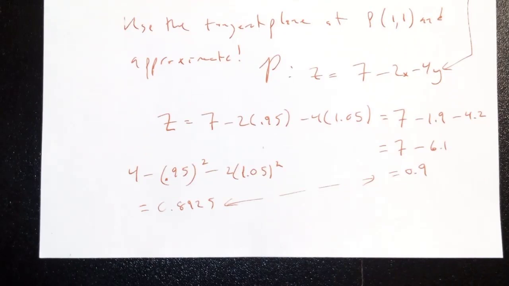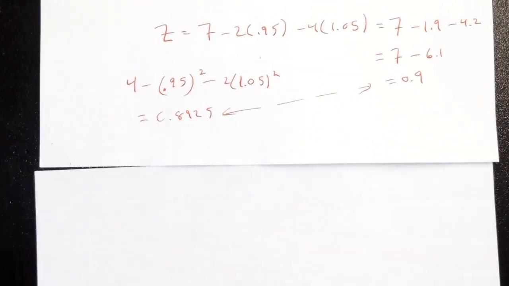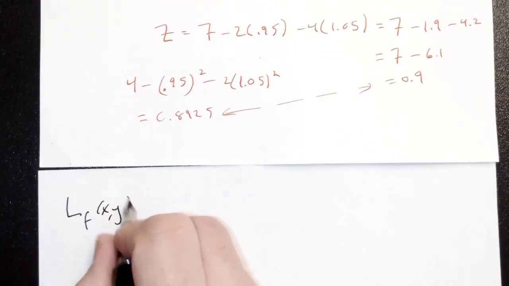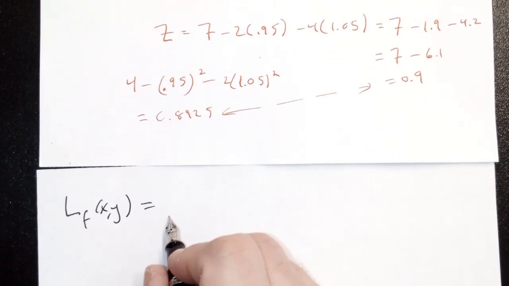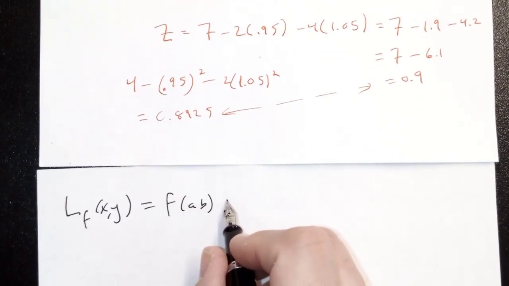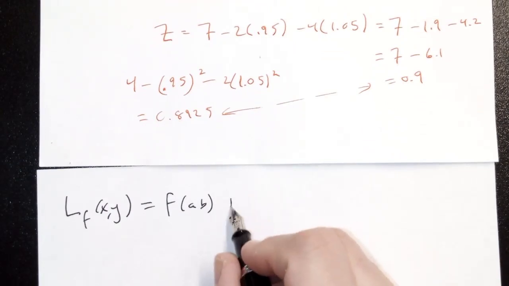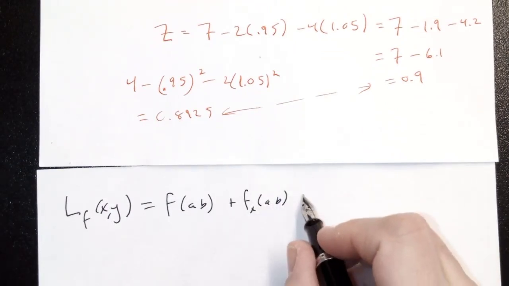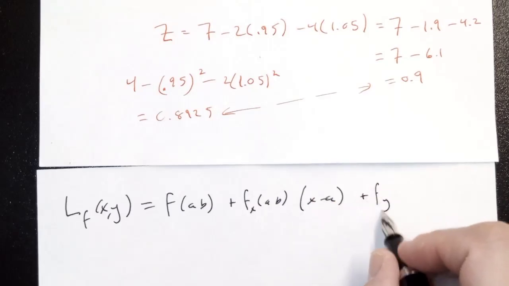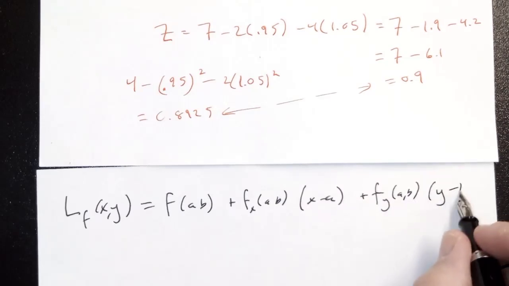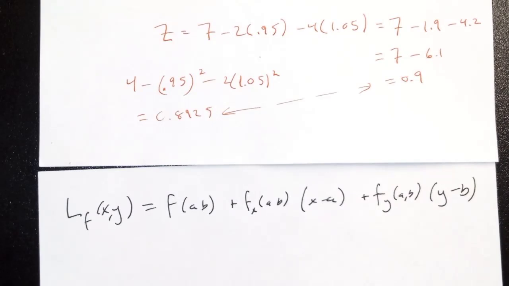Well, I can do this in general. If I have any differentiable function, my linear approximation in two variables is the equation for my tangent plane, which is just a whole lot easier to work with in general when I am working with complicated functions.